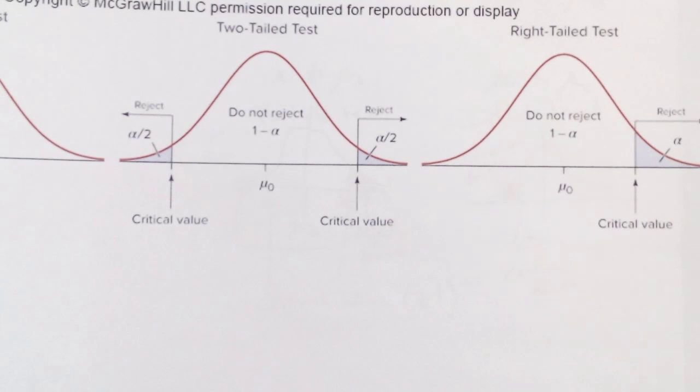I seem to remember using Z alpha over 2. Where was I using Z alpha over 2? Finding the Z-coordinate intervals, to do our confidence intervals.